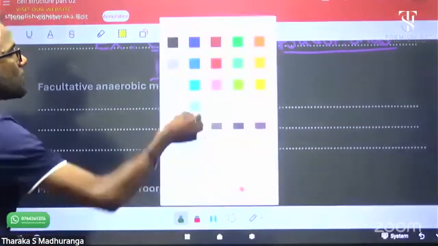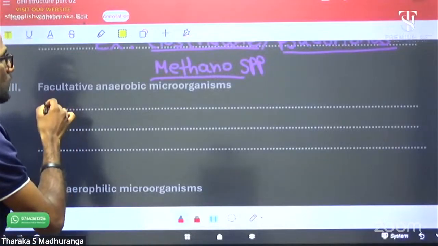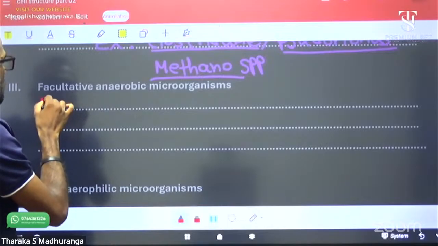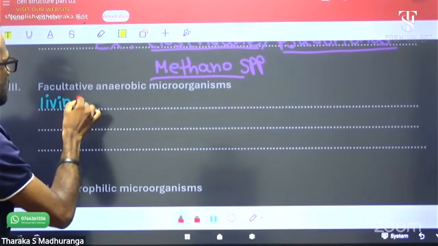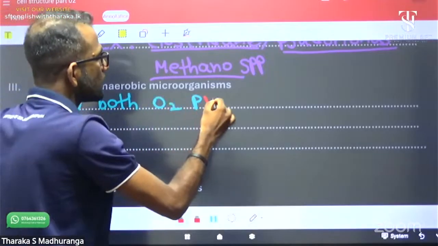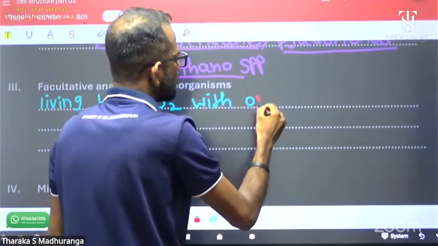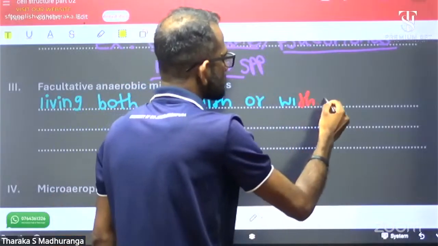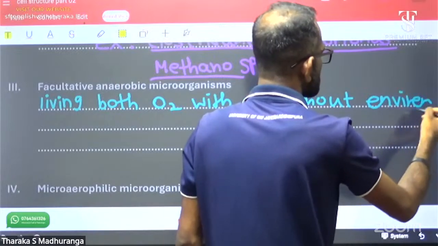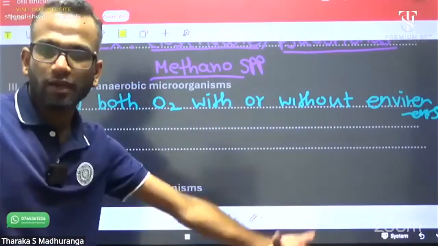They are very important, right? Facultative anaerobic means living in both environments, both with oxygen and without oxygen. They are living in both environments, no problem.